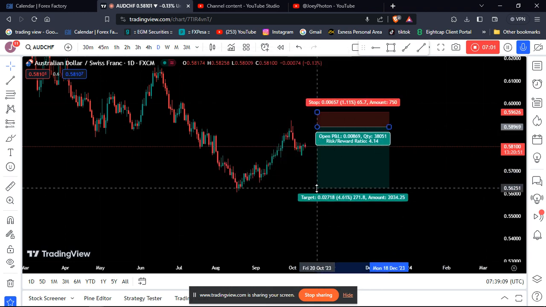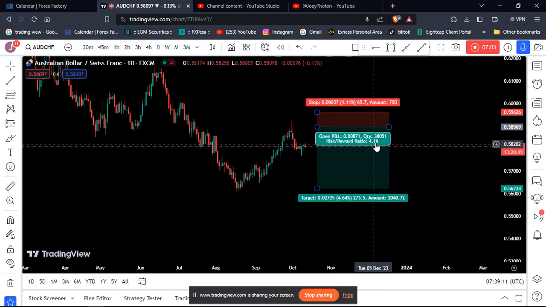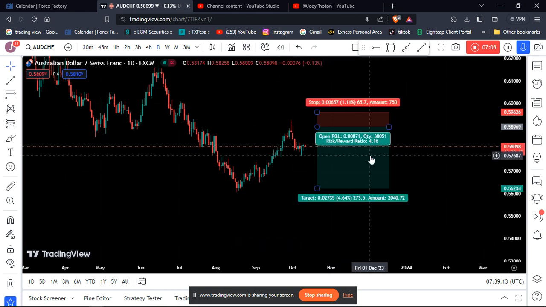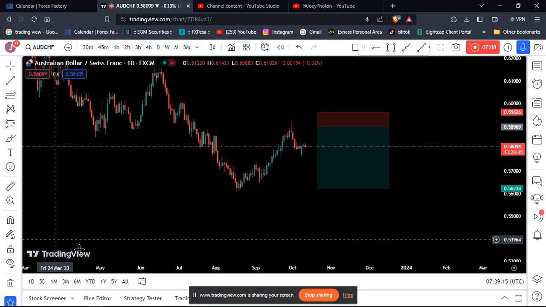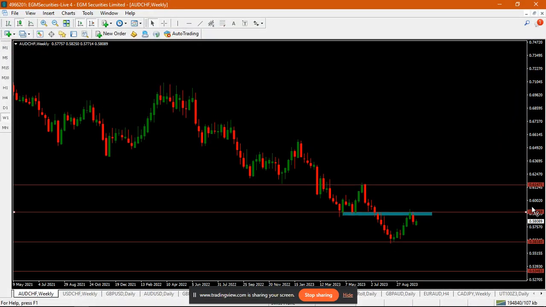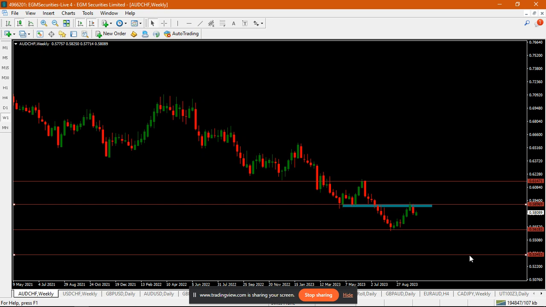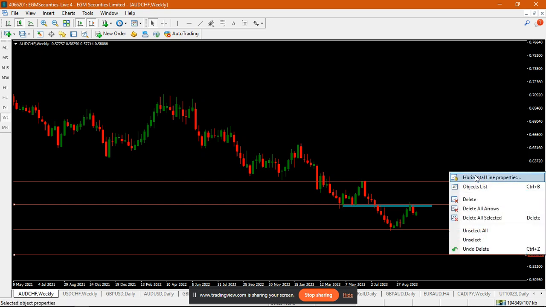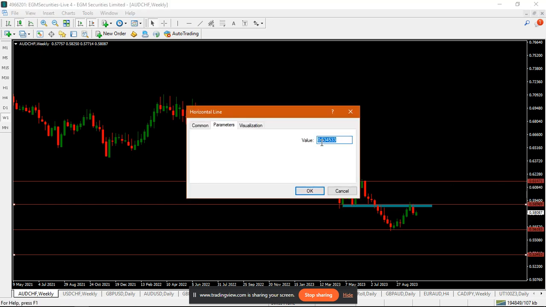And what's the first take profit? The first take profit is there. That's a 4.13 risk to reward ratio. And what's the second take profit? The second take profit is at this price right here. Horizontal line, properties. That's 0.534533. So there you go.